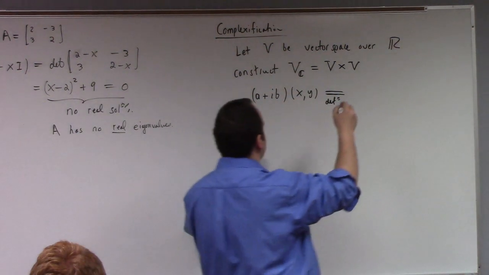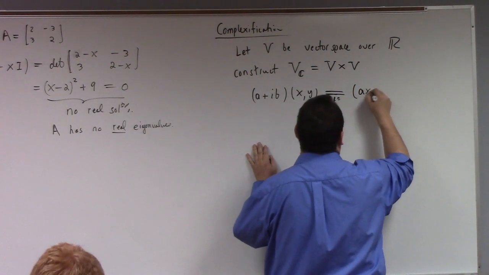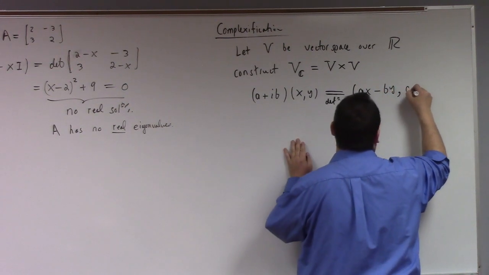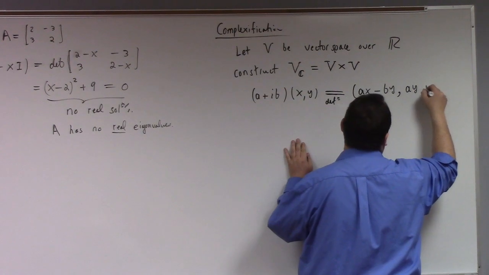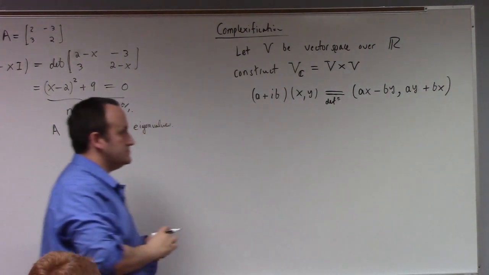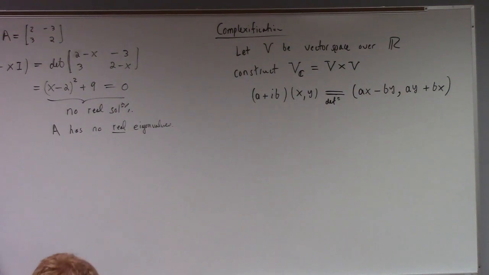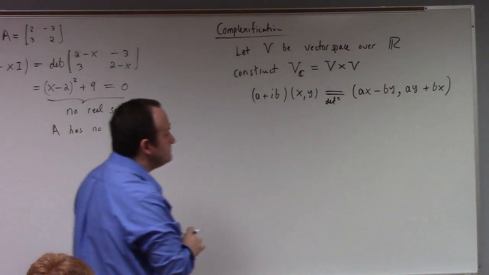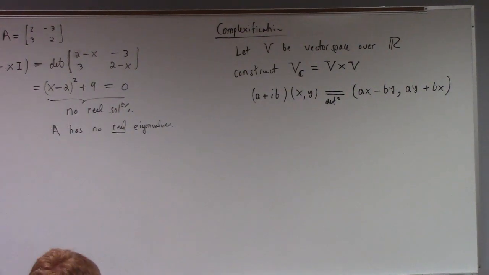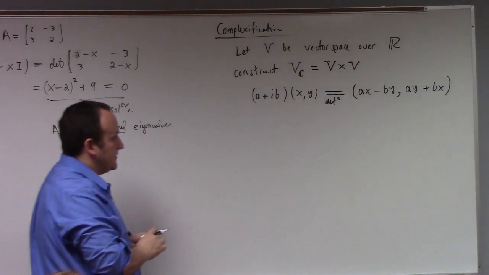You do it like this: (ax minus by, ay plus bx). This defines a scalar multiplication on V sub C.